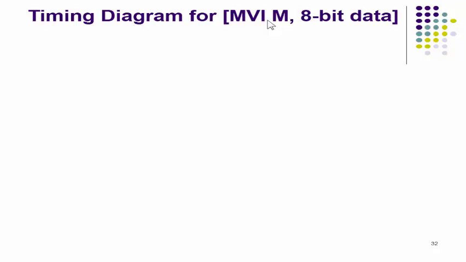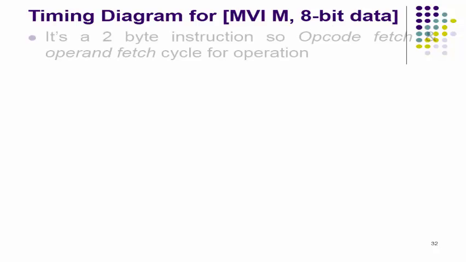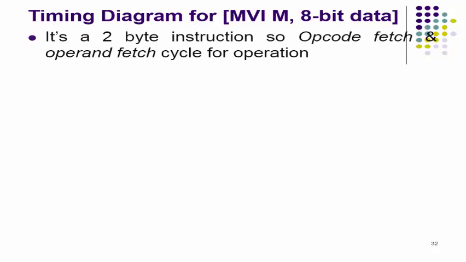So move an 8-bit immediate number into the memory, that is a memory writing operation. So as the size of the instruction is 2 bytes, but to perform the operation of this MVI M, 8-bit, the processor requires 3 machine cycles.